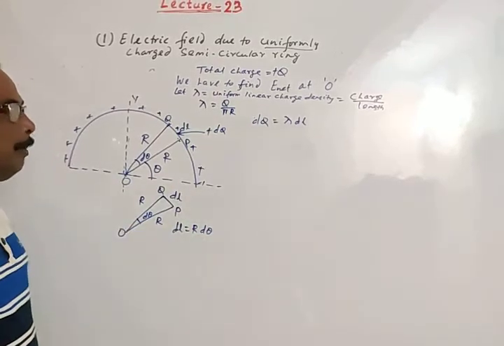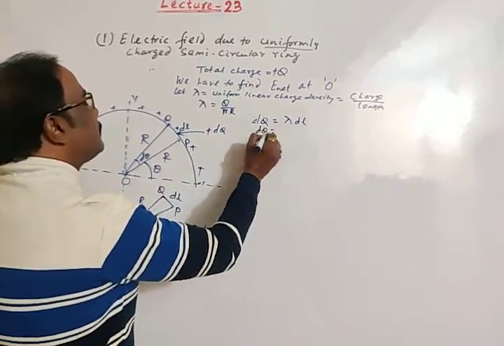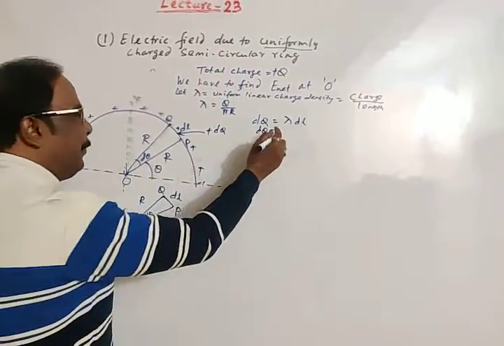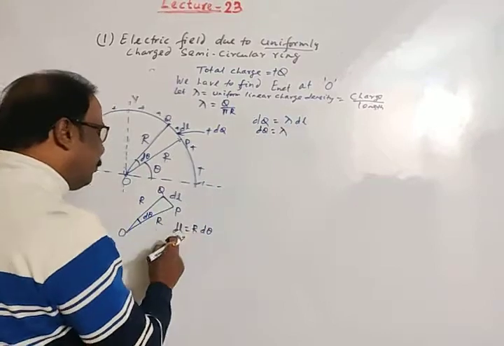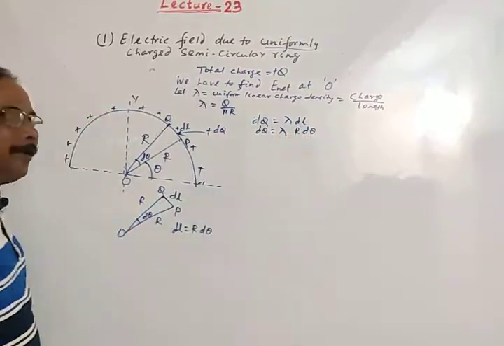Then dq, the charge contained by this elemental length dl, is equal to lambda into dl. In place of dl we can write R d theta.